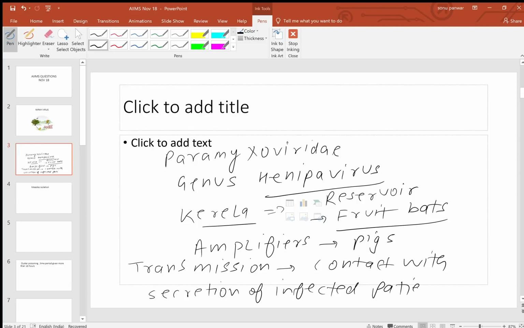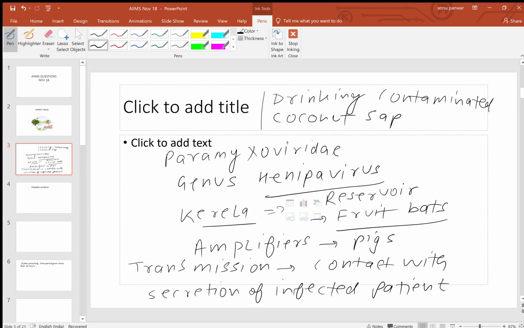This is one of the routes by which transmission of Nipah virus can happen. Other than that, what you need to remember here, it can be by drinking contaminated drinks, or drinking contaminated coconut sap. That particular one is one of the theories.